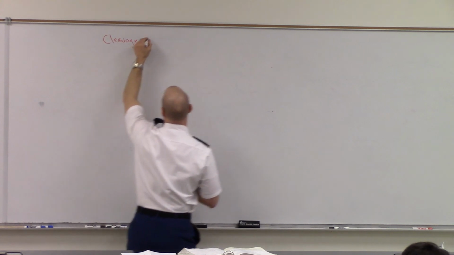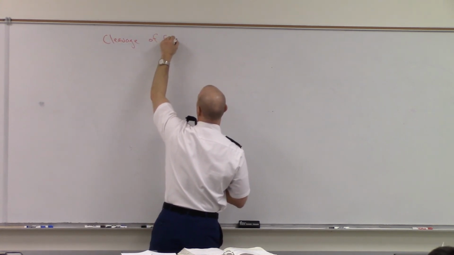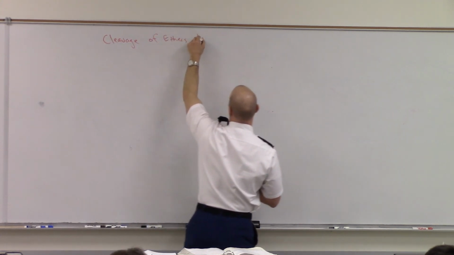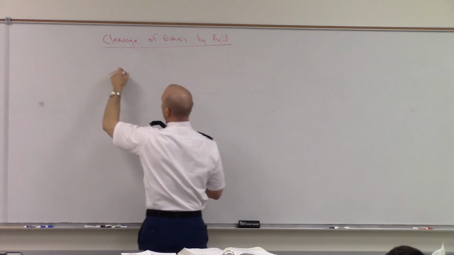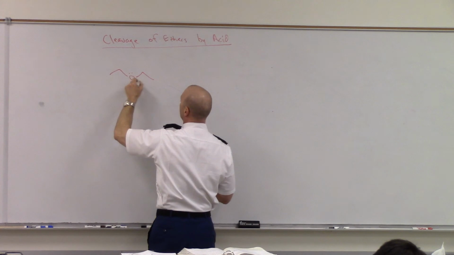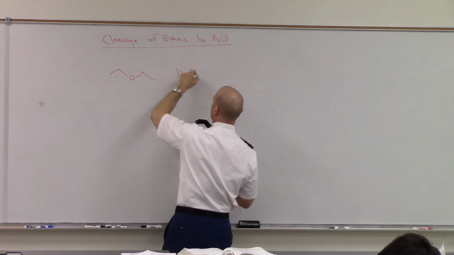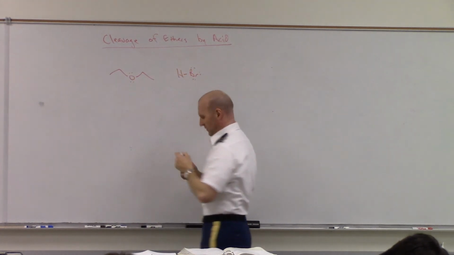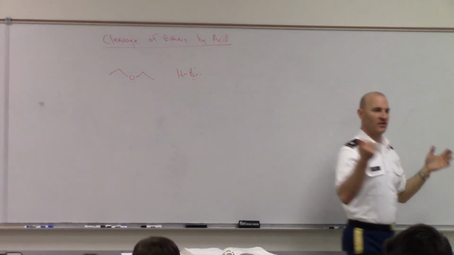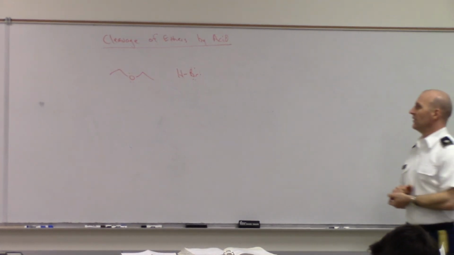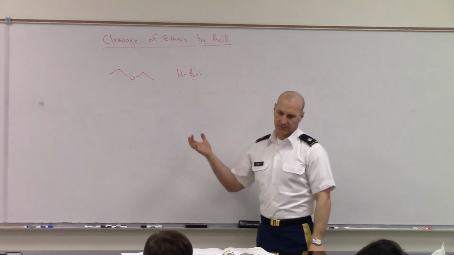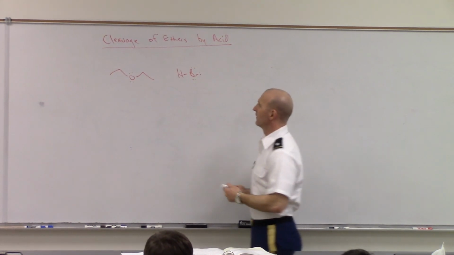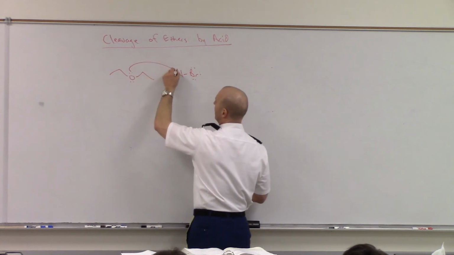It's just the reverse. So we have our ether and we have our acid. As we've been doing before, what is going to happen here? We're going to take off that hydrogen.